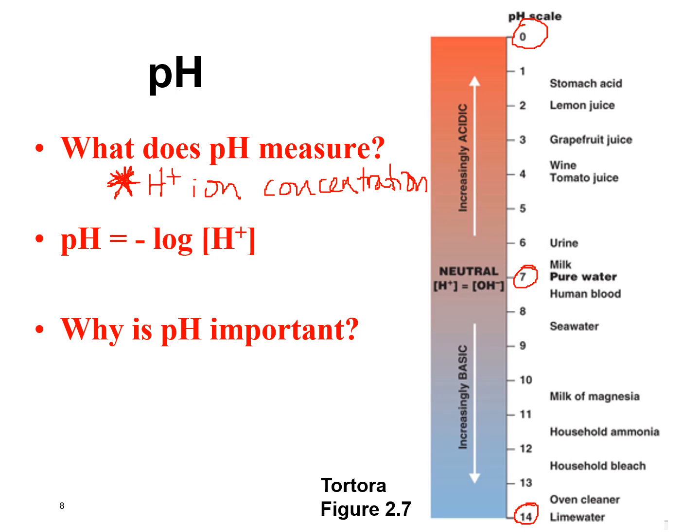And pH is important because if you're out of the normal pH range for a particular protein, think about what happens to the protein.